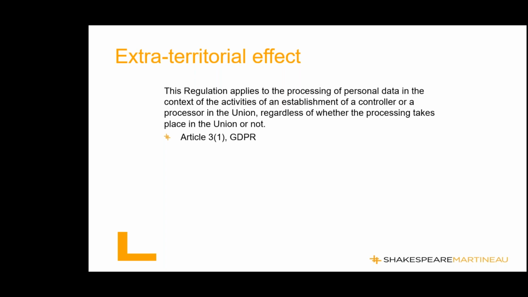Looking firstly at the context of an establishment, the key point is identifying whether there is an establishment, which means, broadly speaking, a stable establishment providing services on a continuous or perhaps permanent basis.